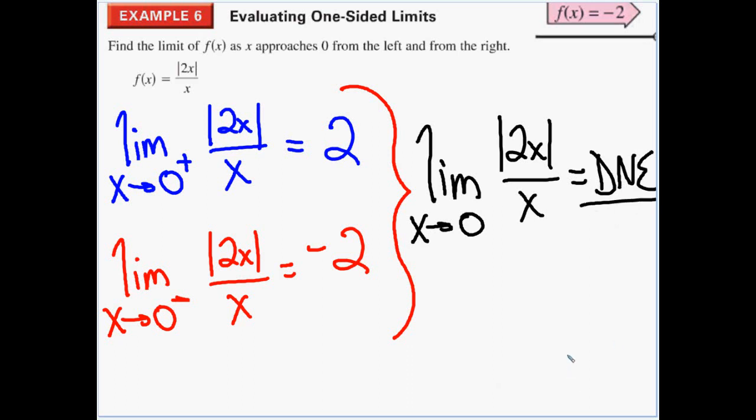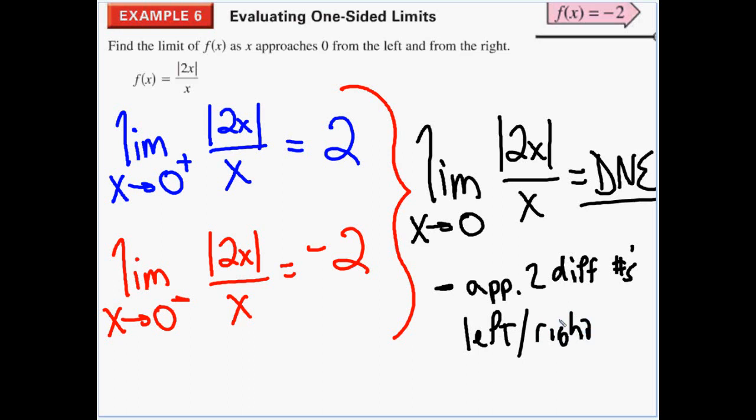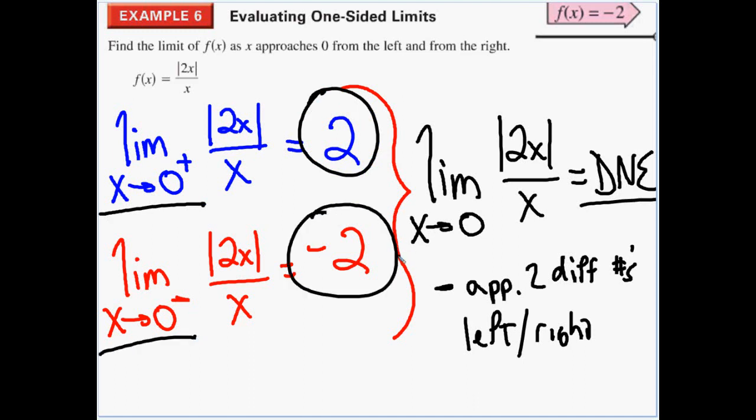So here we could make a note: this limit doesn't exist due to approaching two different numbers from the left and the right. But here we can be a little more concise. As we come in from the right, we're approaching 2. As we come in from the left, we're approaching negative 2. So the overall limit fails to exist.